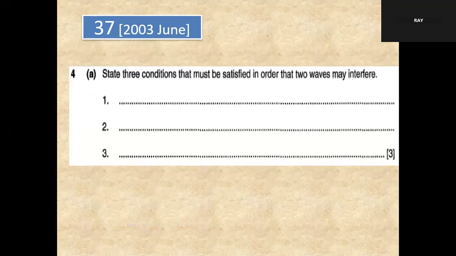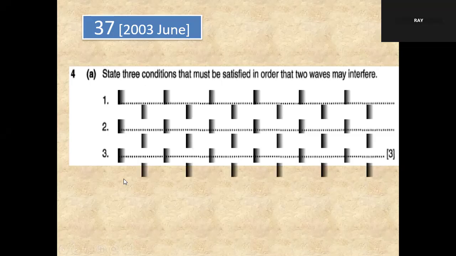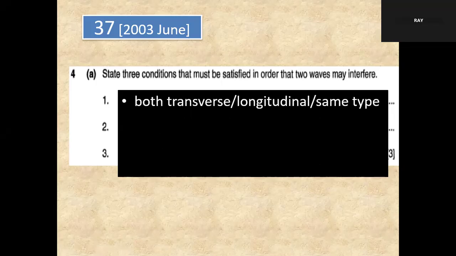State three conditions that must be satisfied in order for two waves to interfere. Both must be of the same type: both transverse or both longitudinal.